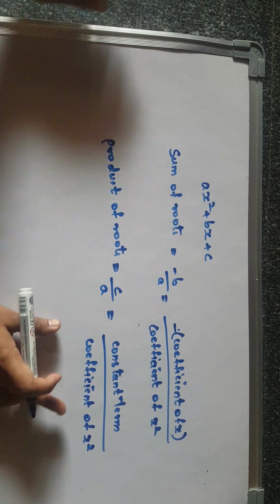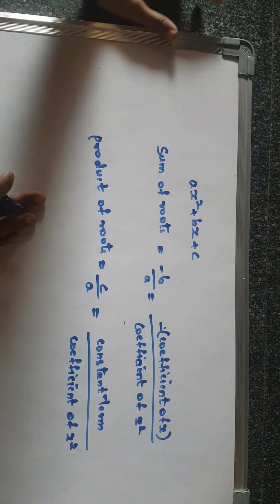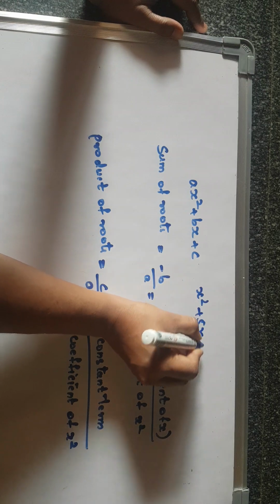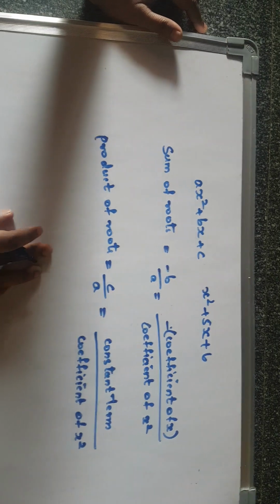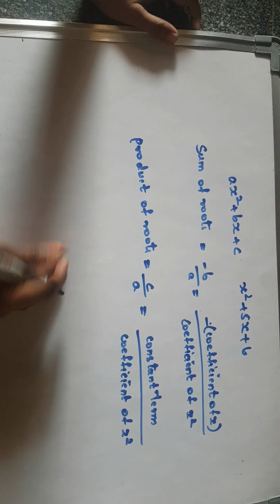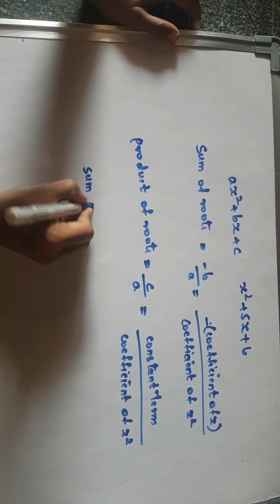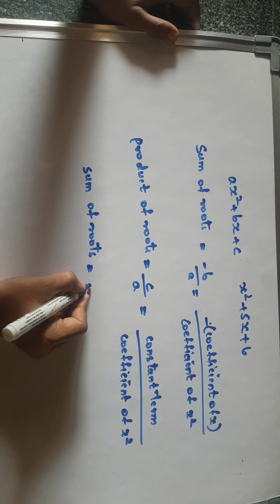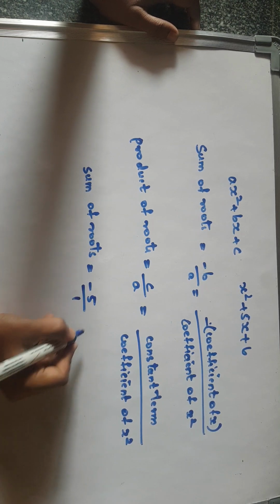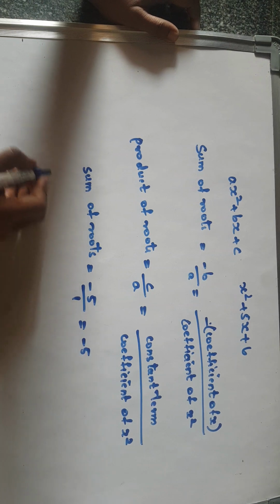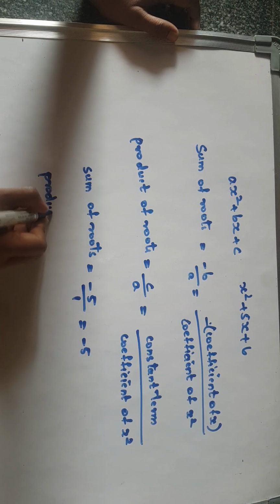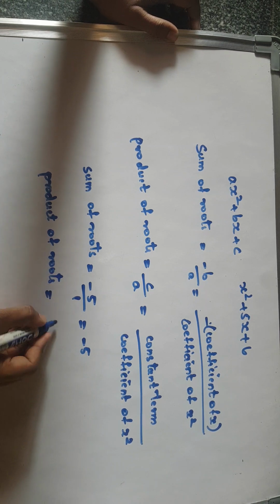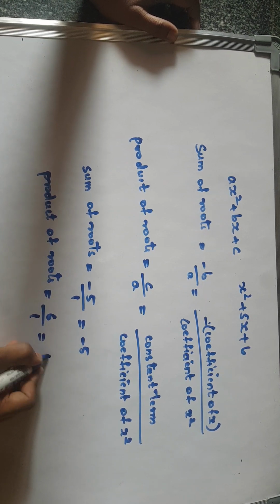We have taken the example x square plus 5x plus 6. So the sum of roots becomes minus 5 by 1, that equals minus 5. The product of roots becomes c by a, 6 by 1, that is 6.